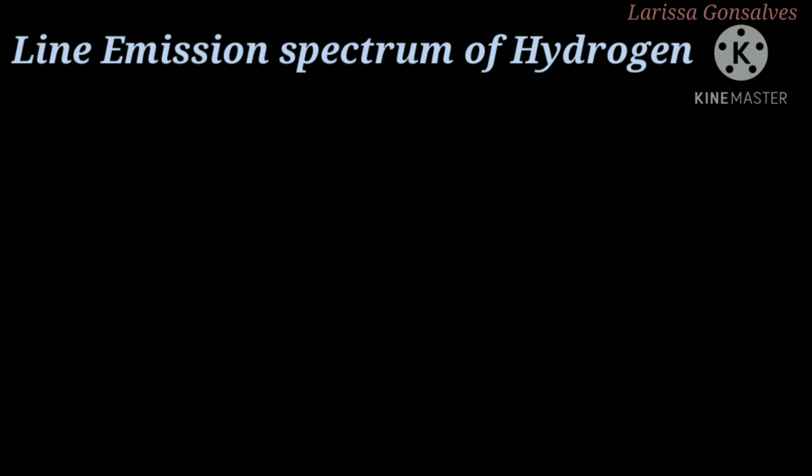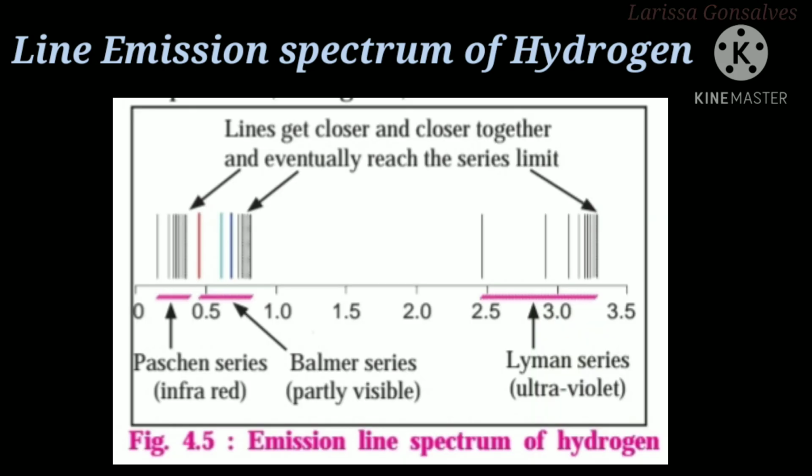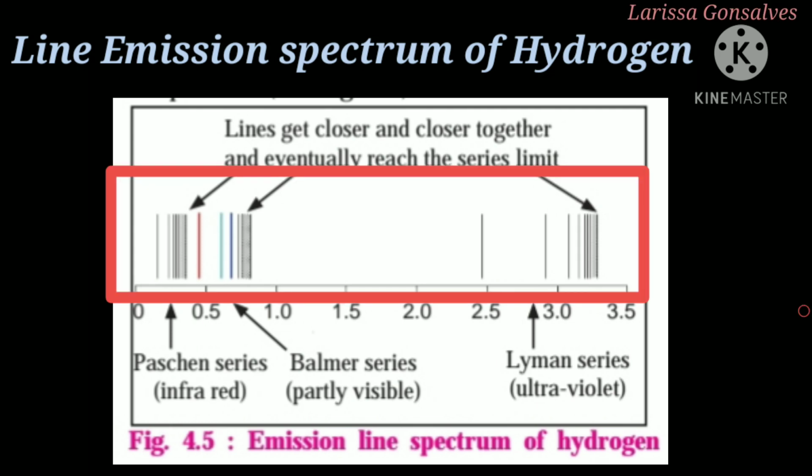When electric discharge is passed through gaseous hydrogen, it emits radiation. The hydrogen emission spectrum was studied by scientists in the late 19th century. They recorded the emission spectra of hydrogen in different regions of electromagnetic radiation, and observed that the spectrum was not continuous and comprised a series of lines corresponding to different frequencies.